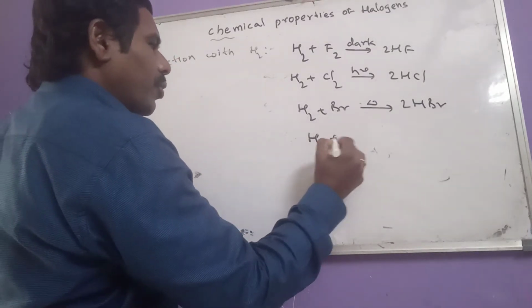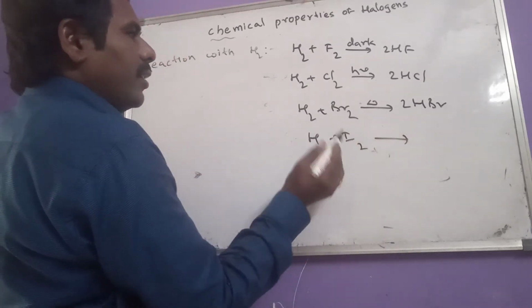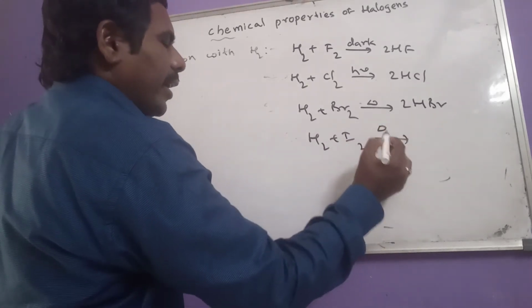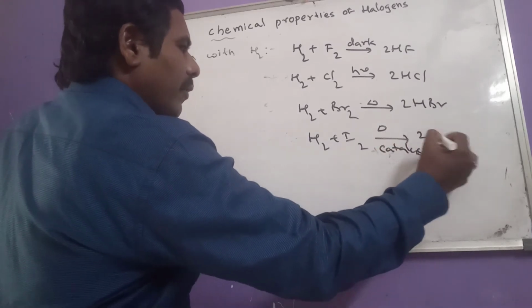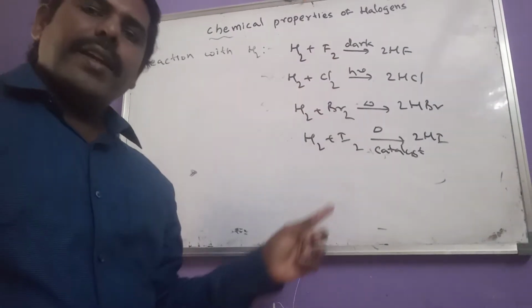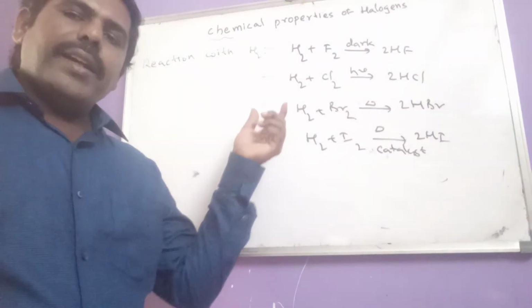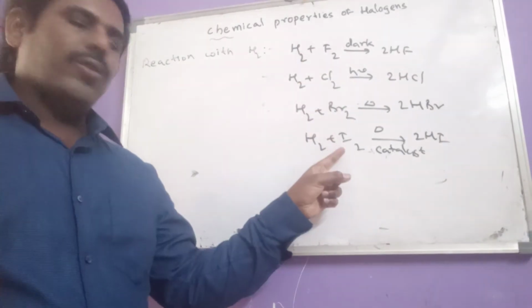And iodine is much less reactive, so we need heat energy and also a catalyst to get 2HI.